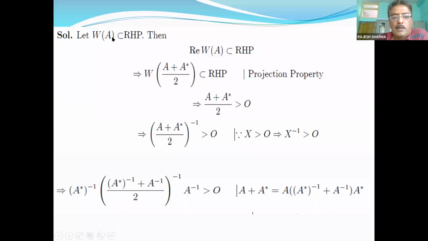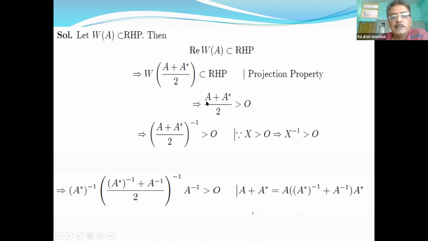Now note here, W(A) is contained in the right half plane. This means the real part of the numerical range is in the right half plane. So the numerical range of (A plus A star)/2, by the projection property, is equal to the real part of the numerical range of A. This is also in the right half plane.